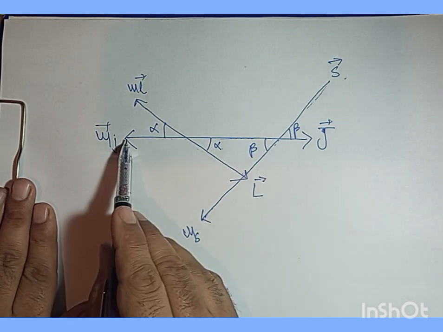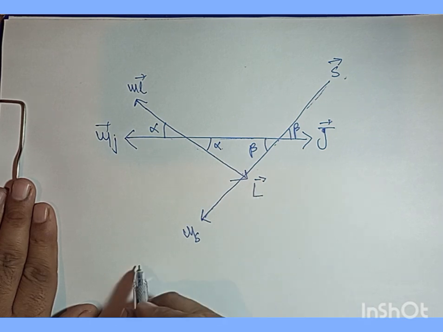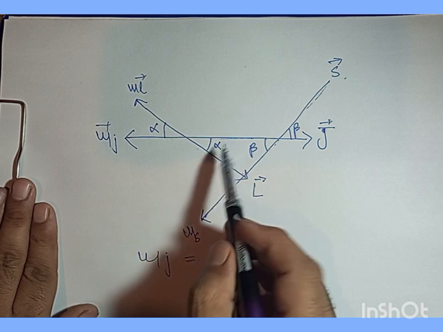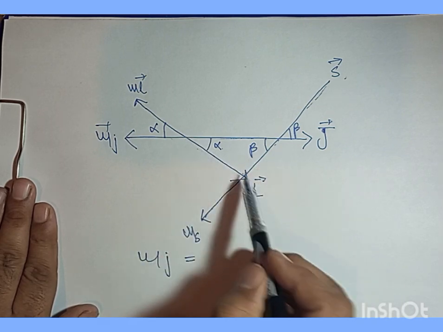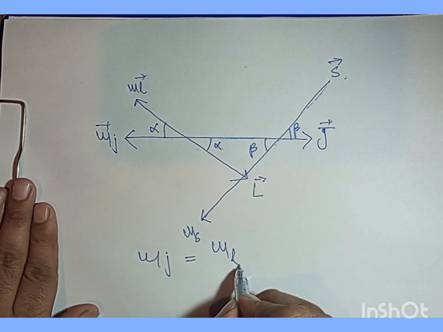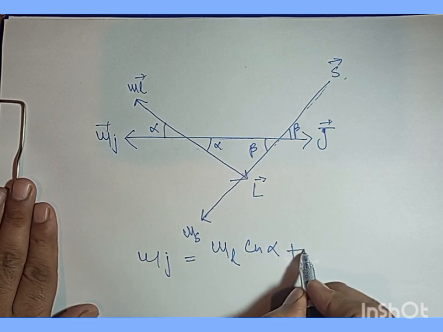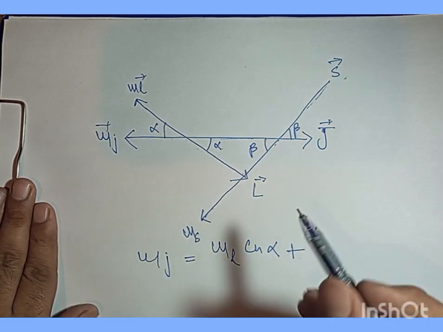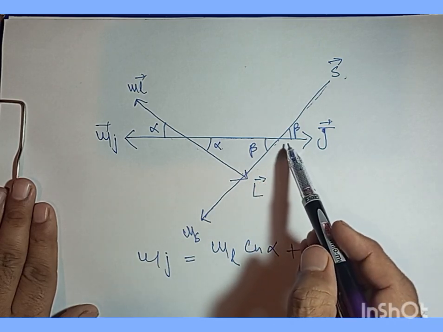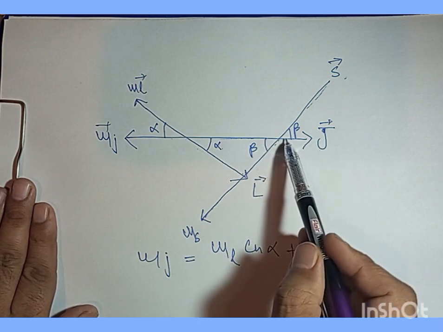So I want the totality of this mu J. This mu J is going to be what? This is L. Its cosine component, so that will be mu L cos alpha, plus, we will have the cosine component for beta.